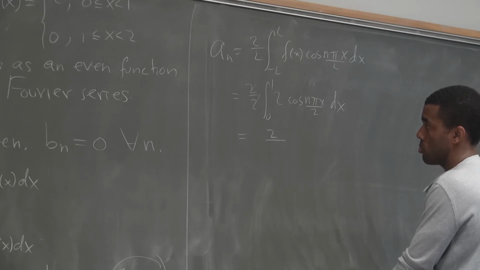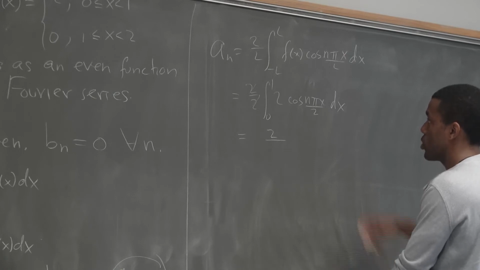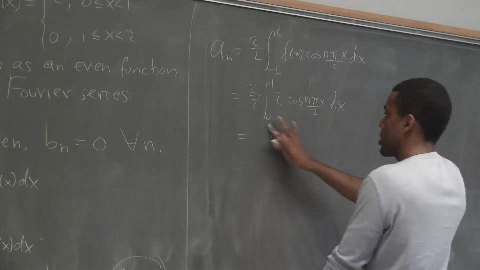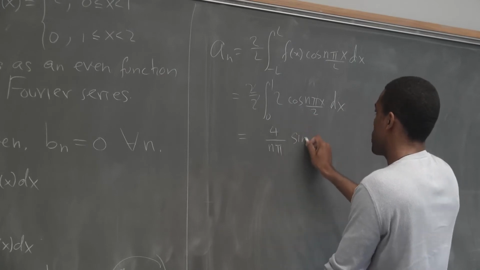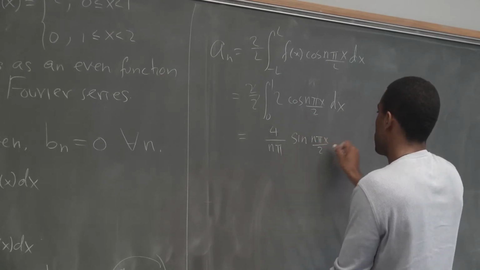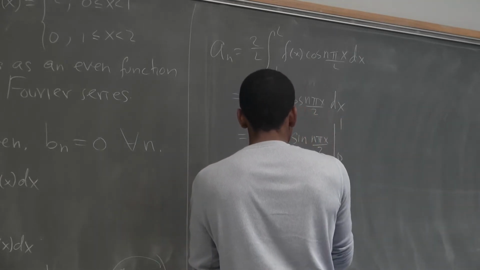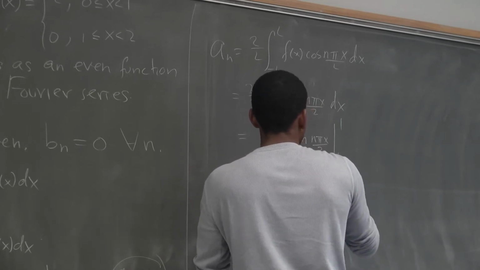No. You're taking the derivative. Oh. I'm just thinking, wait, okay, so wrong direction. 2 over n pi. The constant is just n pi over 2. So you flip the constant and multiply. So that's going to be 4 over n pi. It stays positive because we're doing an integral. Sine of n pi x over 2 between 0 and 1, which means this is 4 over n pi sine of n pi over 2 minus 0.